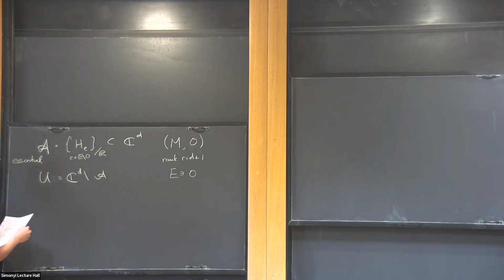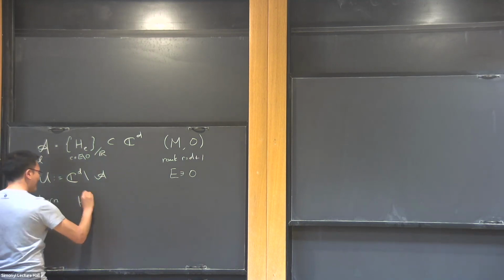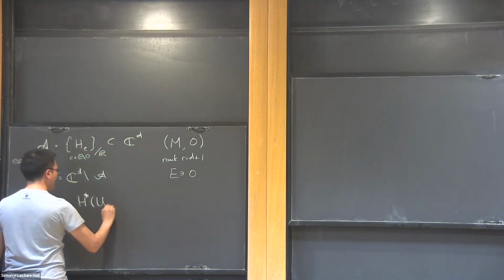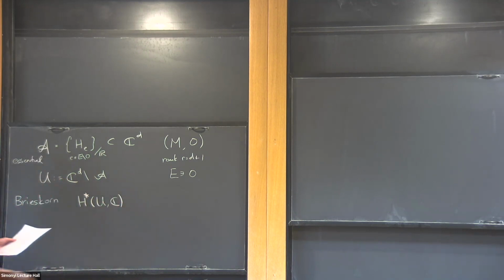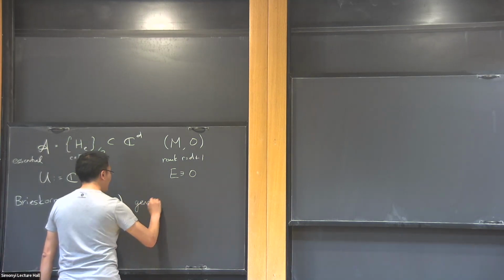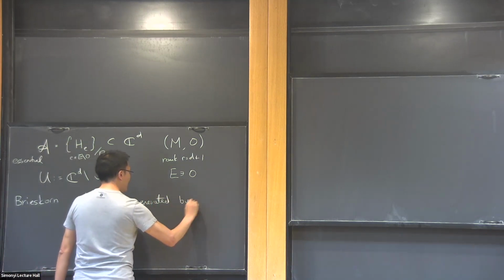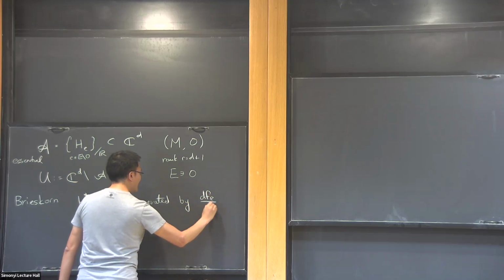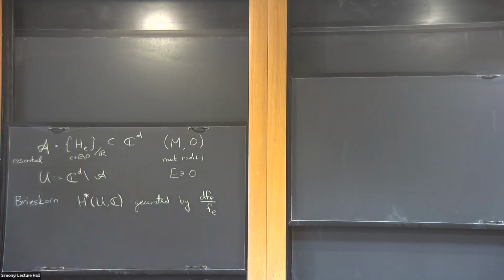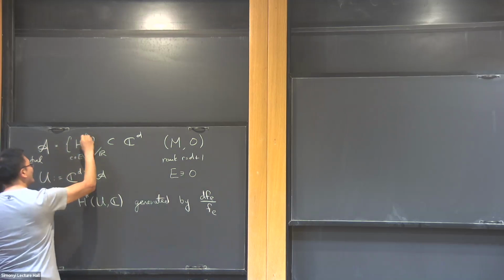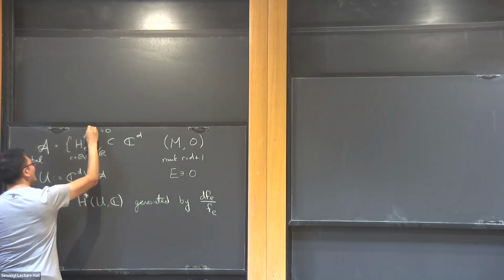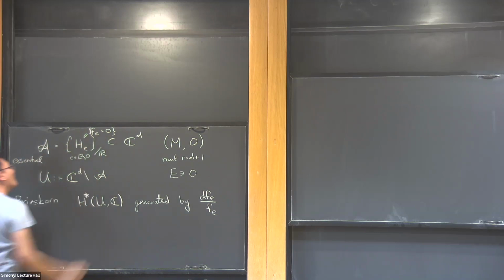So just a complex hyperplane arrangement. And in the 70s, following some work of Arnold, Brieskorn proved that the cohomology ring is generated by these differentials, dF_E over F_E, where H_E is the vanishing set of F_E.